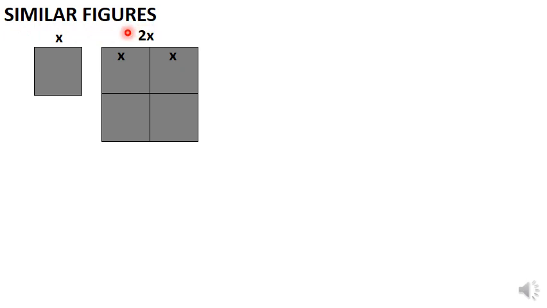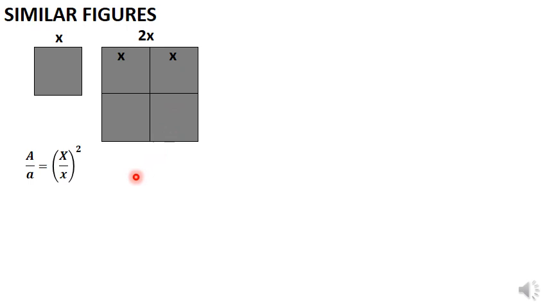Now the question here is, if we double the length of the side of an area, what will happen to the area? Did the area double? As we can see here, the area did not double. It is obvious that in this case, the area has quadrupled.